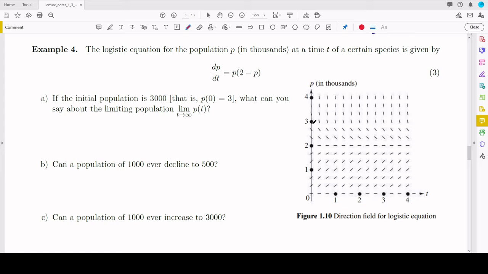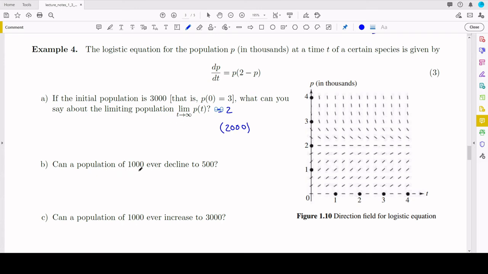So we start at 3, we go down, but we're not able to cross that line P equals 2. So the limit of P as t goes to infinity equals 2, or 2,000 in terms of the species. So that is the limiting population.